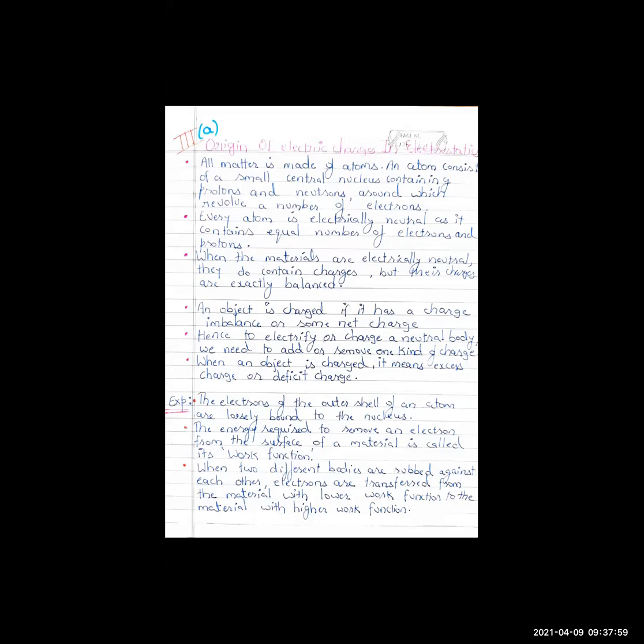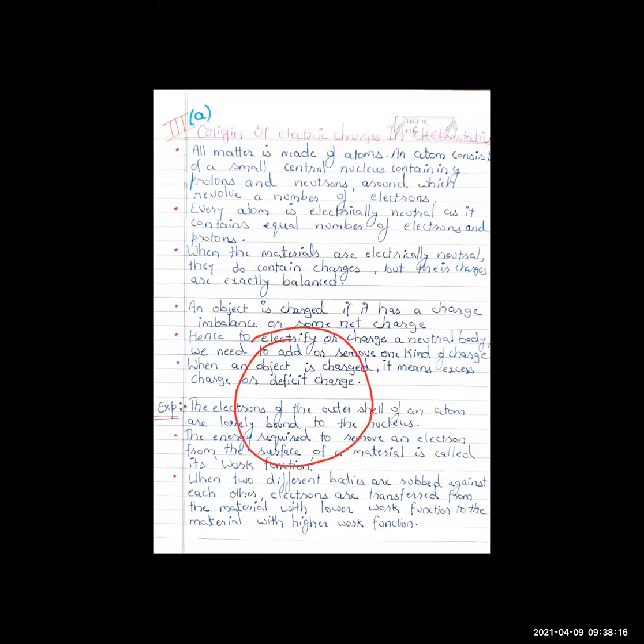Okay. Now children, let's talk about the origin of electrical charges. Now, as we did just now, an atom consists of a nucleus, and in the nucleus we have protons plus neutrons, and around the nucleus we have electrons revolving, which are negatively charged particles, right?